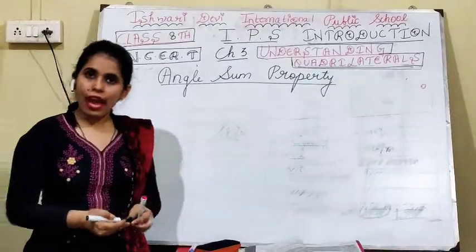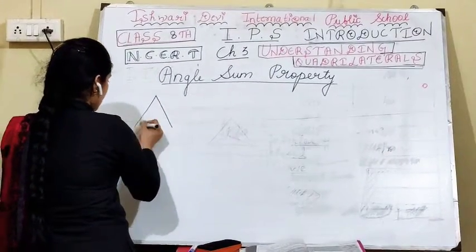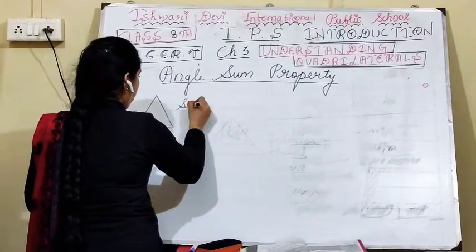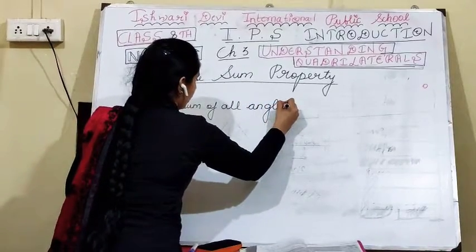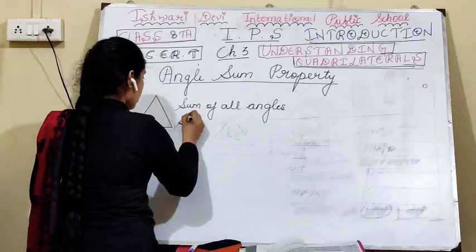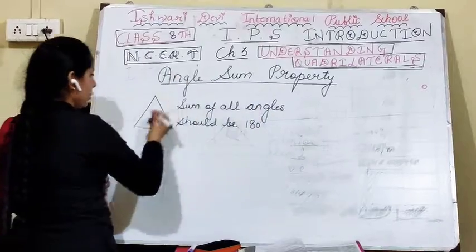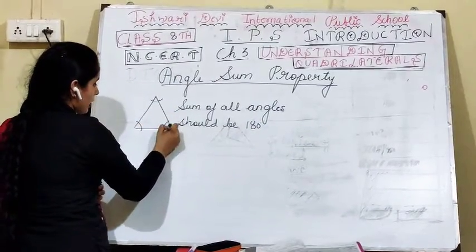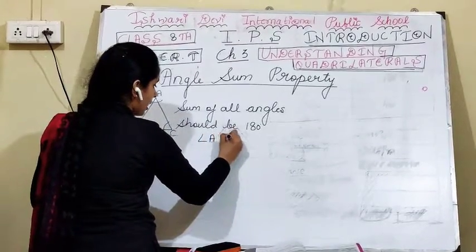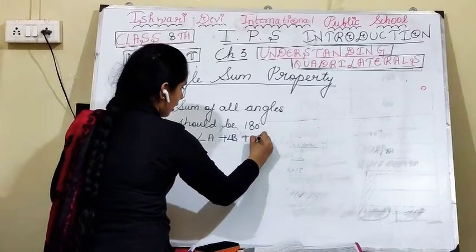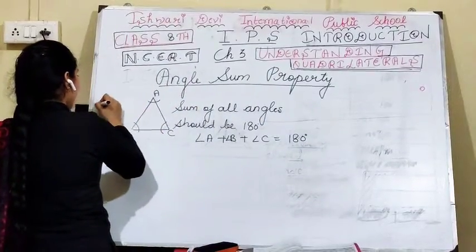Just for a recap, the angle sum property of the triangle says that the sum of all angles should be 180 degrees. That means this angle plus this angle plus this angle. This is A, this is B, this is C. So angle A plus angle B plus angle C equals 180 degrees. So this is the angle sum property of a triangle.